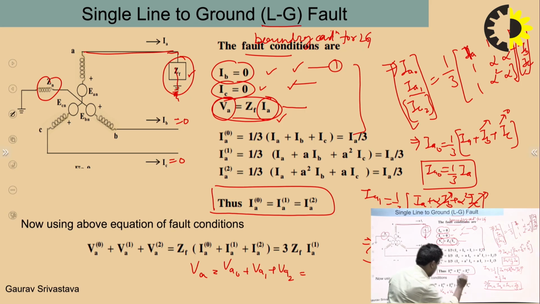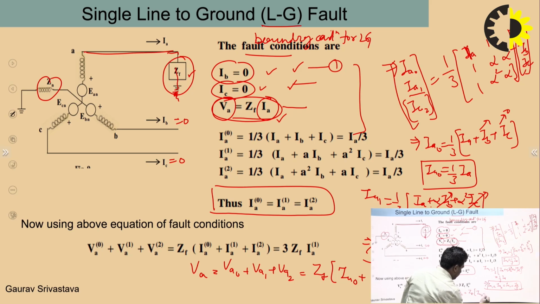These values are given by the fault impedance ZF and IA, which we have realized is IA0 plus IA1 plus IA2. That means ZF times IA by 3 into 3, so ZF IA.